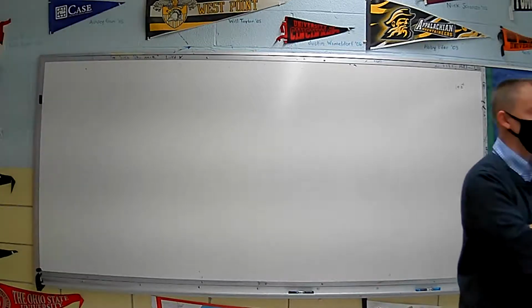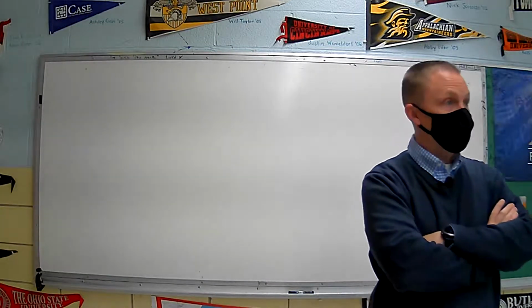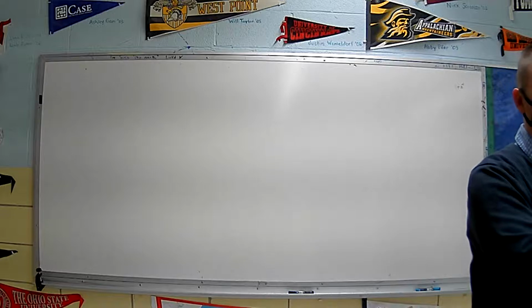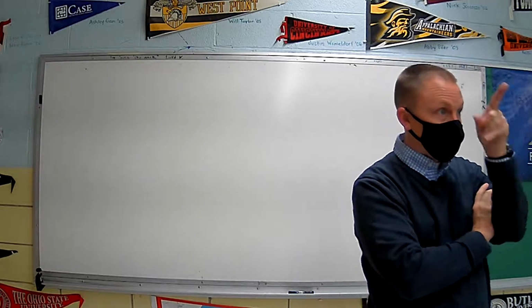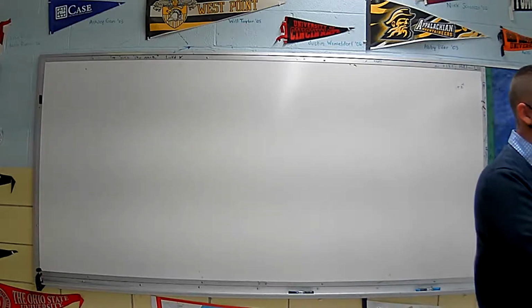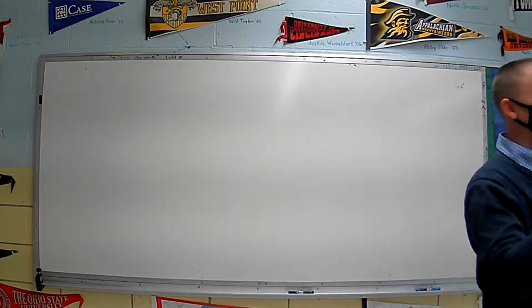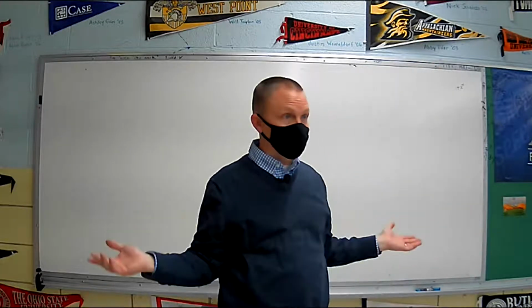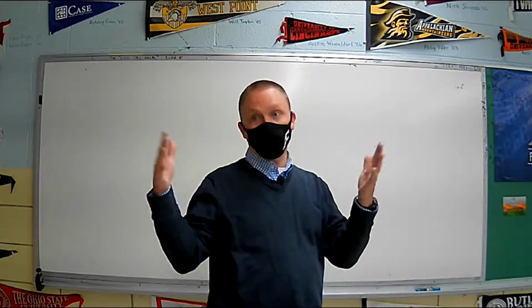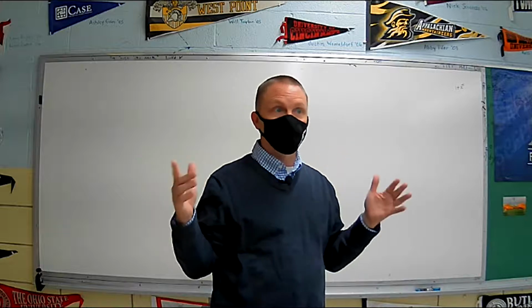What do we call it? Indeterminate form. There were 7 indeterminate forms, and L'Hopital's rule only works for 2 of them. Which 2? Infinity over infinity and 0 over 0. If you don't have infinity over infinity or 0 over 0, you can't use L'Hopital's rule. You've got to manipulate your expression to make it so.